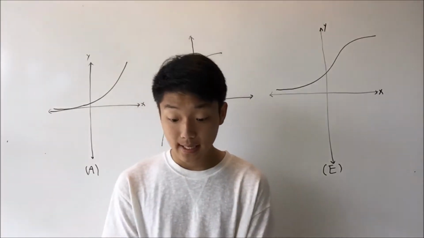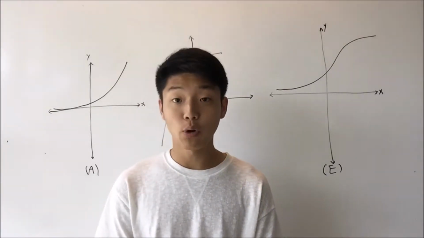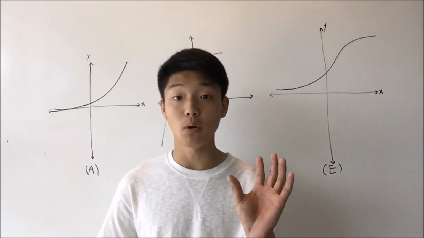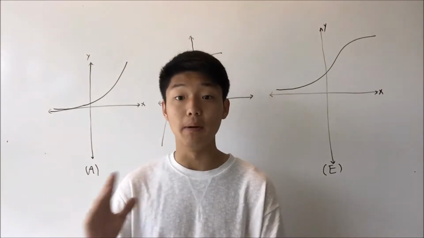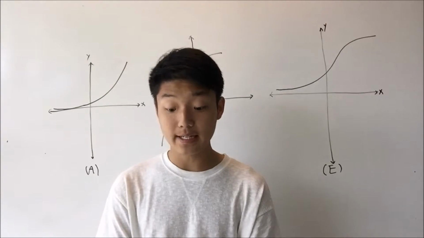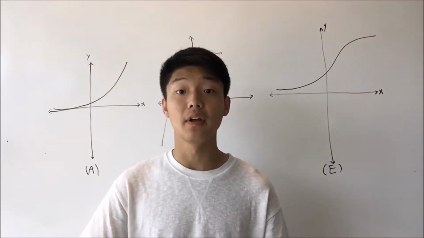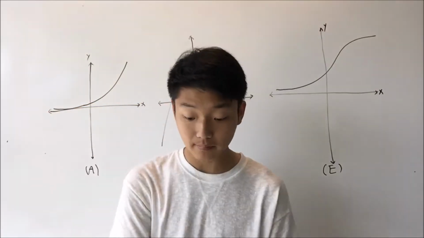Now the next given statement is y double prime. Like I said, y double prime is the concavity, concave up or concave down. If the number is positive, it will be concave up, looking like this. If it is negative, or less than 0, y double prime is less than 0, it will be concave down, like that.